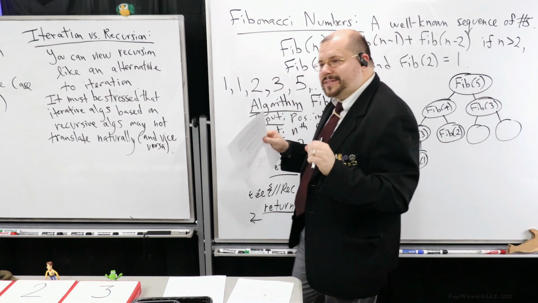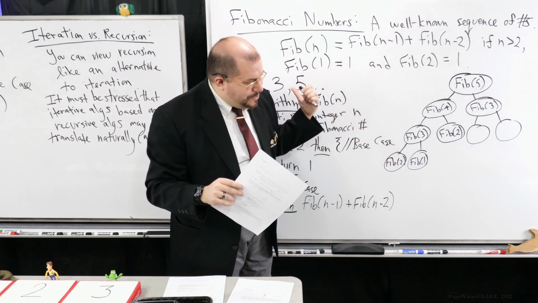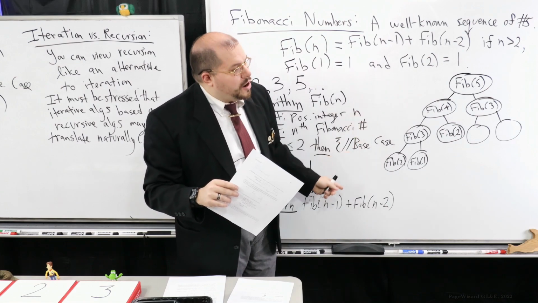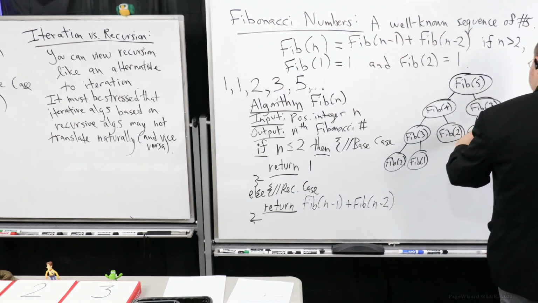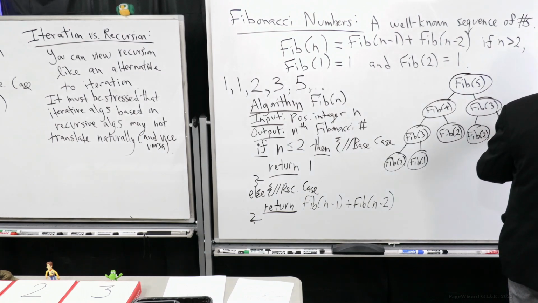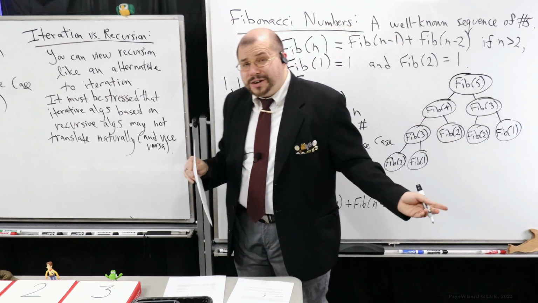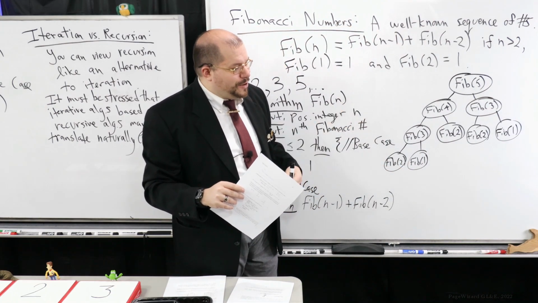So notice every single time I'm showing you each one of the function calls for our algorithm. So each one of that's the initial call. Each one of these is a call on fib. So in this case, we have fib of 2 and fib of 1. So this is what you would have to calculate to get fib of 5. So notice how many function calls I have here. You might ask, Dan, how many at most are there here?